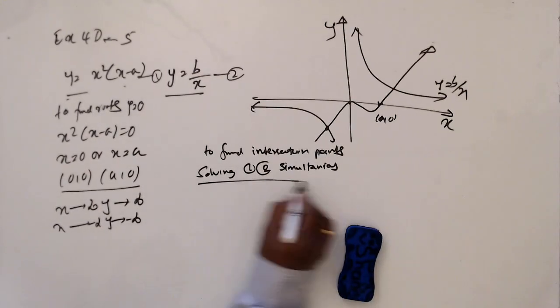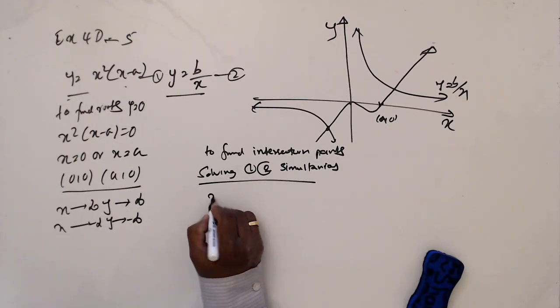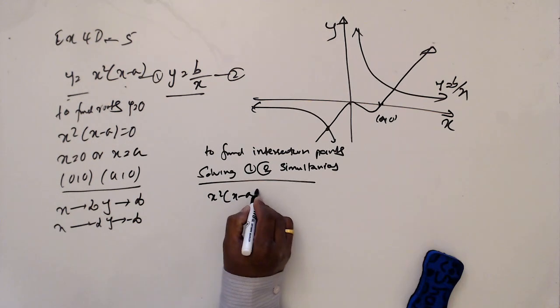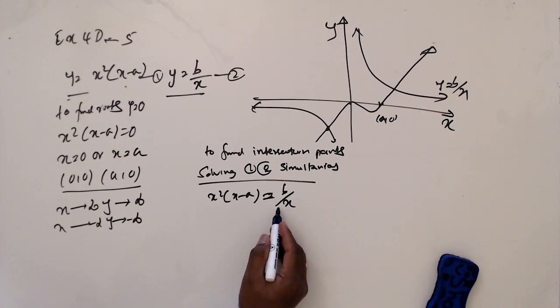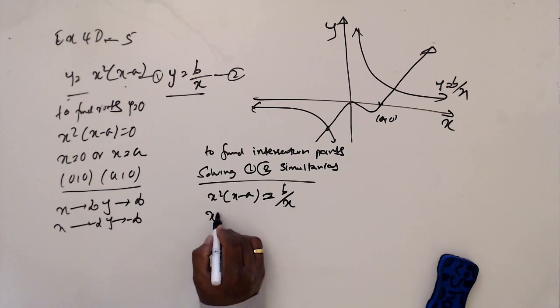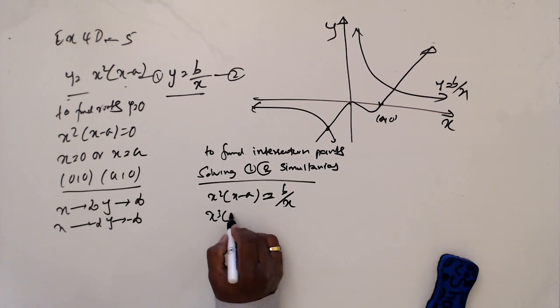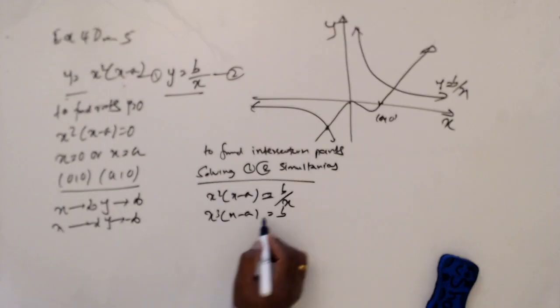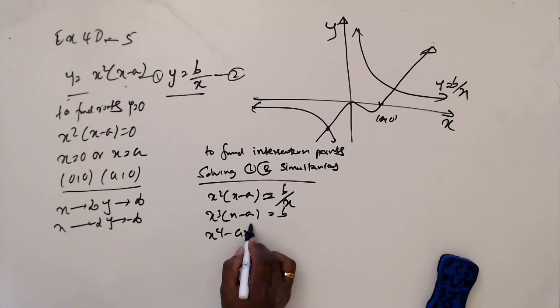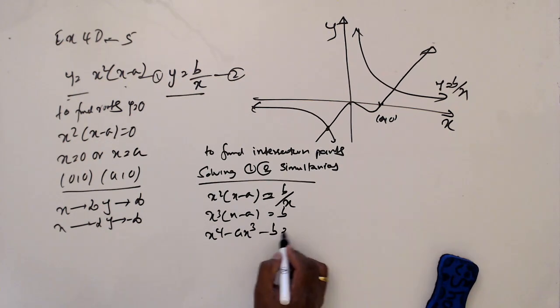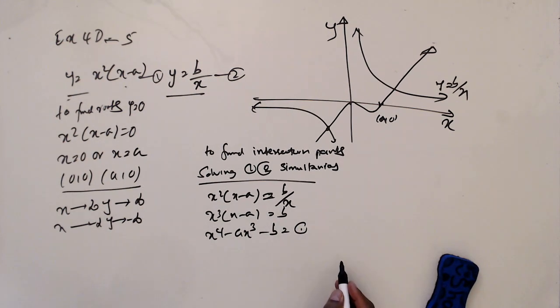Solving x squared times (x minus a) equals b over x. This becomes x cubed times (x minus a) equals b, cross multiplying. Then I'll expand this: x to the power 4 minus a x cubed. I bring this one to here, plus b equals 0.